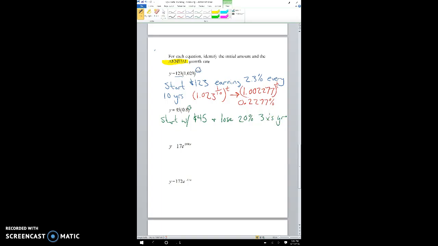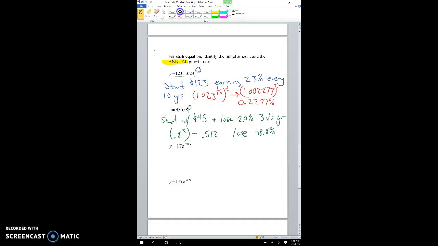Again, we need to change to an annual growth rate, so we're going to do 0.8 cubed. That's 0.512. So over the course of the year, I'm actually losing 48.8% per year. That's not good.